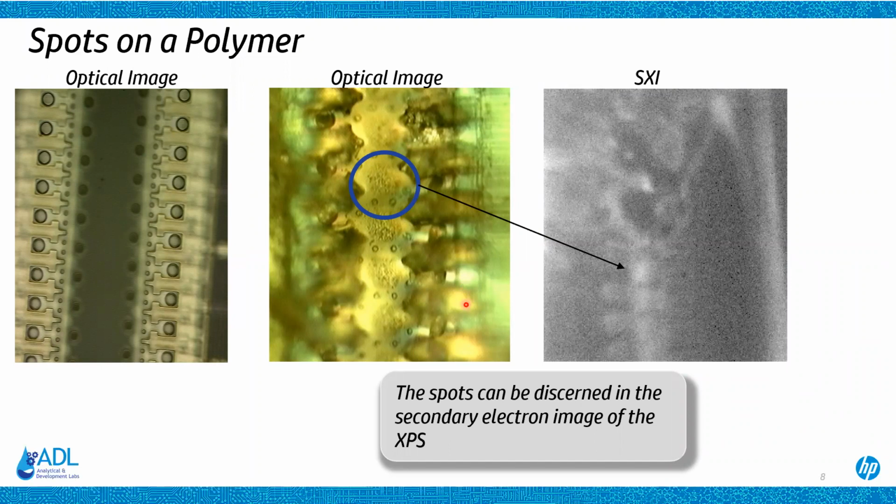put it into the XPS system, and you generate a secondary electron image, the SXI. And you can see, it looks like there may be a spot here. And those of you that deal with SXIs also know that you can see a lot of other things in this SXI which may or may not be related to differences in chemistry or composition. It's just a matter of sample charging.